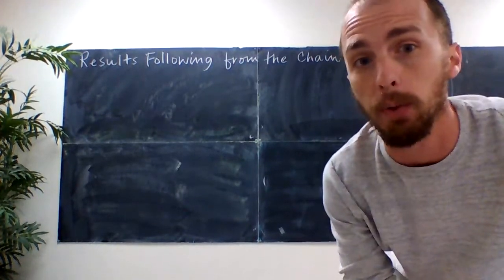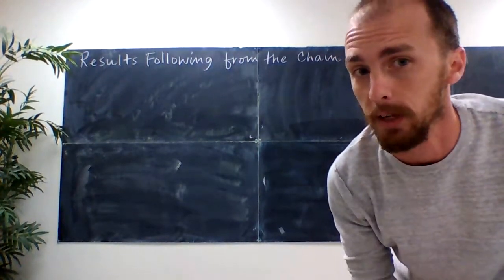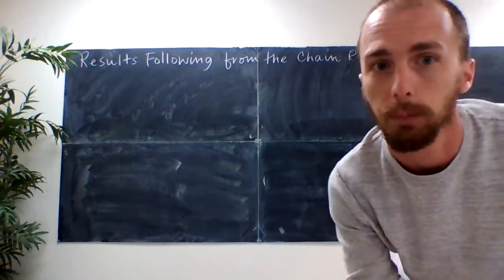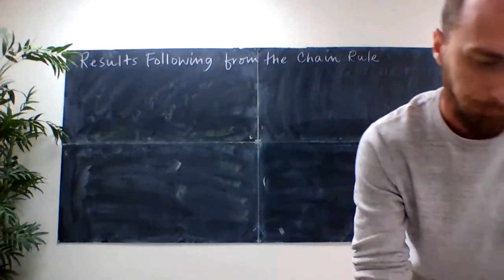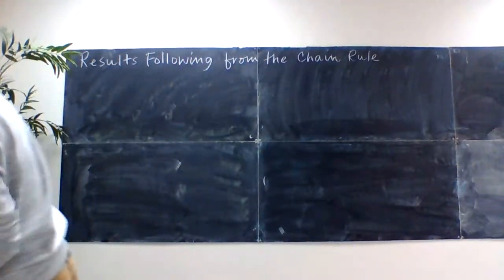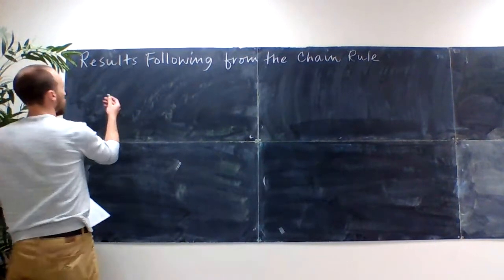So first, I'm going to remind you of the definition of the directional derivative that we took. So we took the definition to be, let me just make sure I'm writing this correctly.